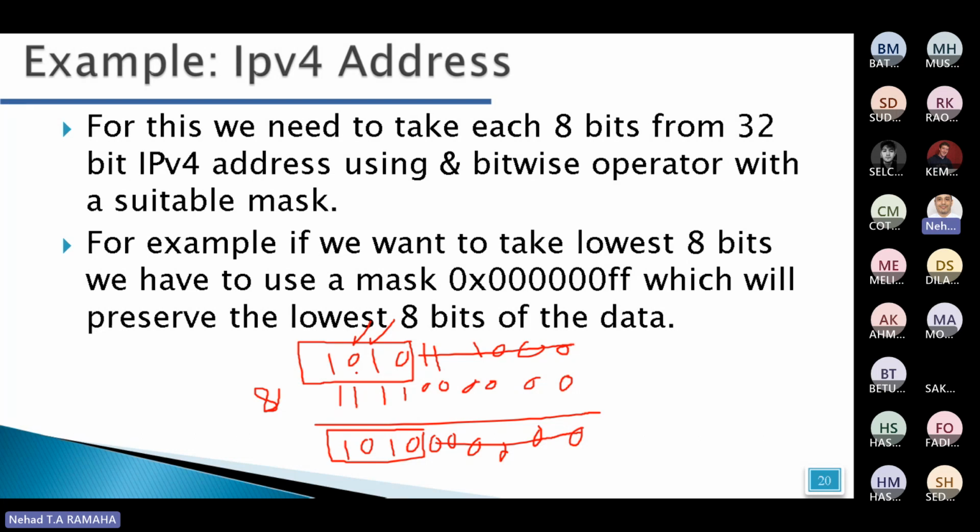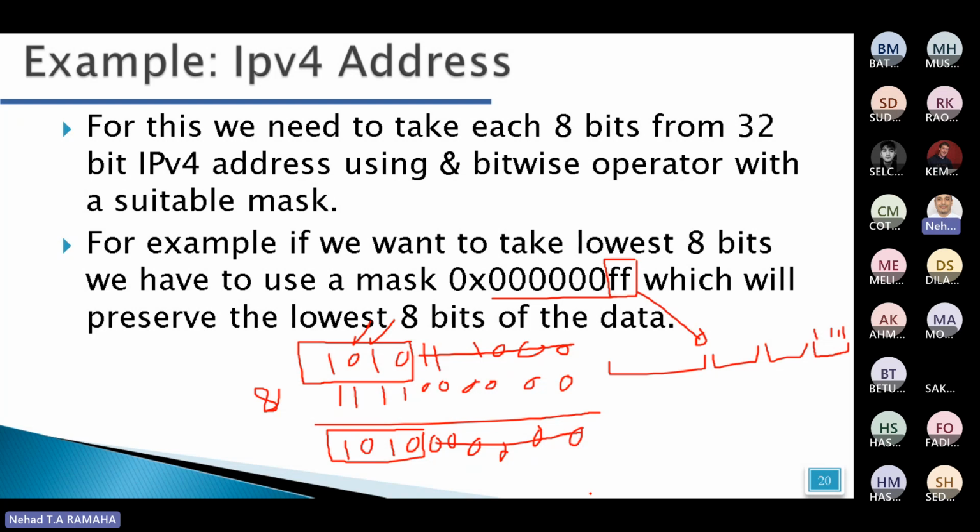We have the IP address. I will make the AND bitwise operator with a mask. This mask is everything 0 except the first 8 digits, which will be 1, written in hexadecimal. It is 8 digits 0, 8 digits 0, 8 digits 0, and these 8 digits as 1.